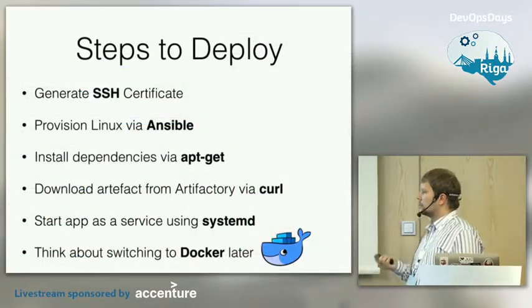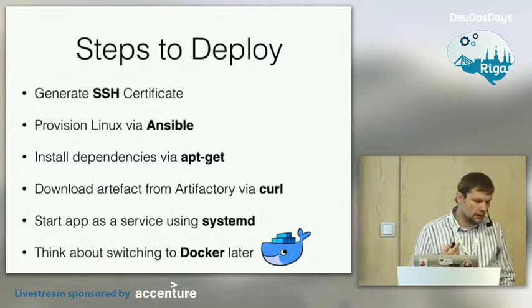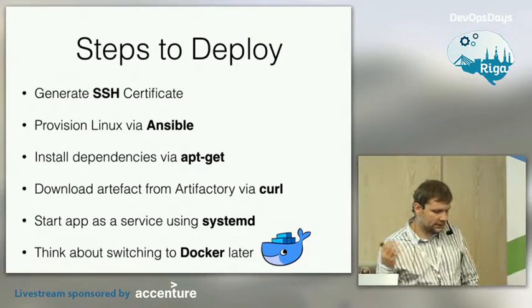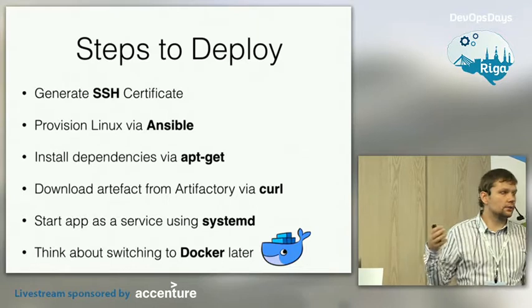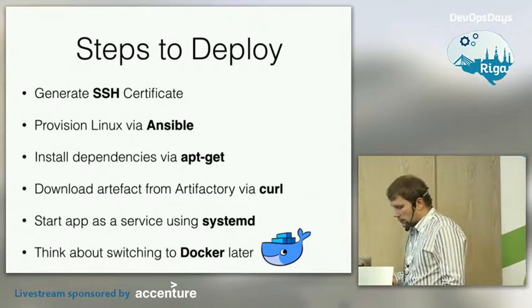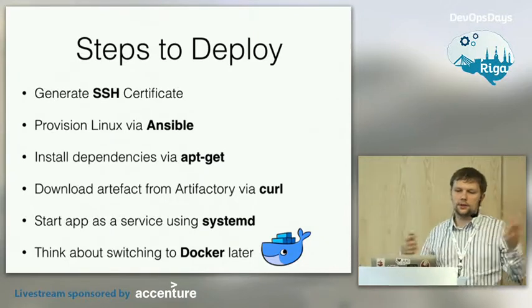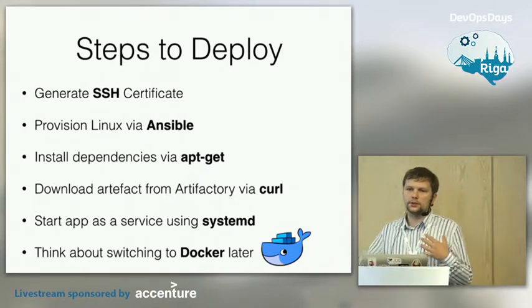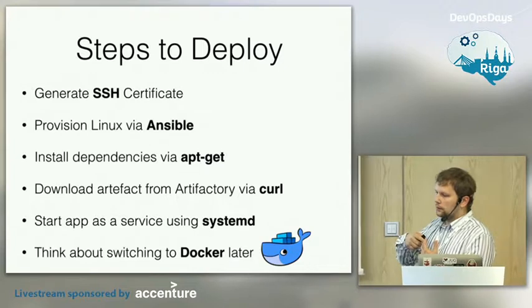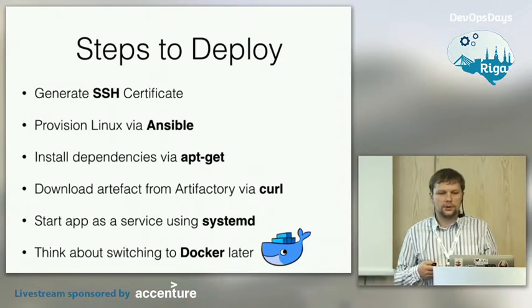And you also think through the deployment procedure. So, for example, in this case, it would be a Java application, but of course it could be something different. So you prepare a package, you generate an SSH certificate, make sure that the Jenkins agent can deploy seamlessly to an environment, for example.